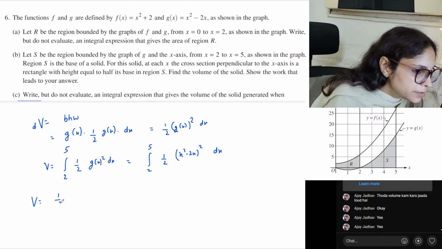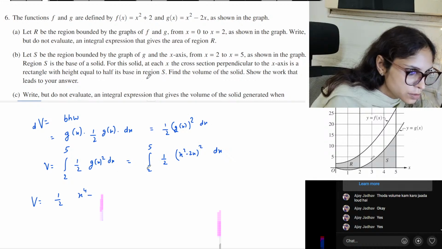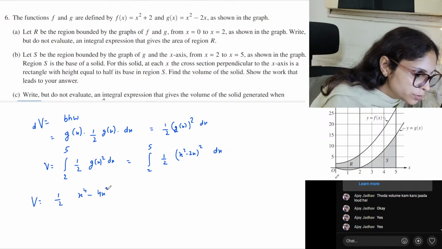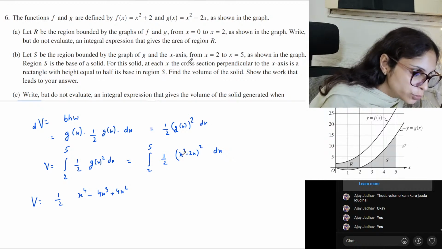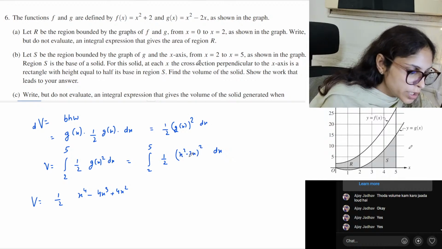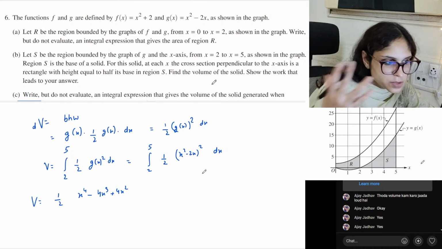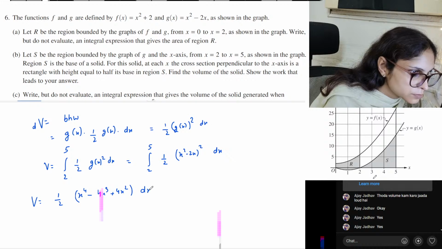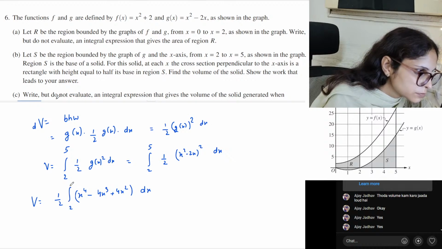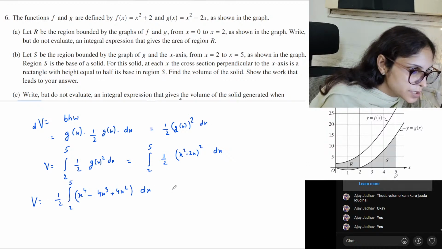So now to integrate it, first I will open it up. It will become x to the power 4 minus 4x cubed plus 4x squared. I'm applying a squared minus 2ab plus b squared. A squared is x to the 4th, minus 2ab is minus 4x cubed, and b squared is 4x squared. I can keep the half outside.